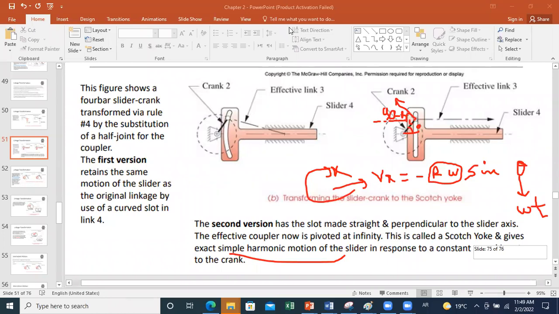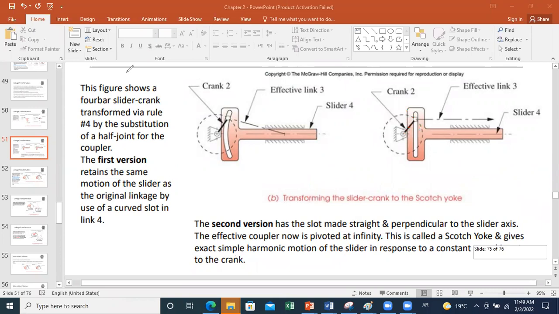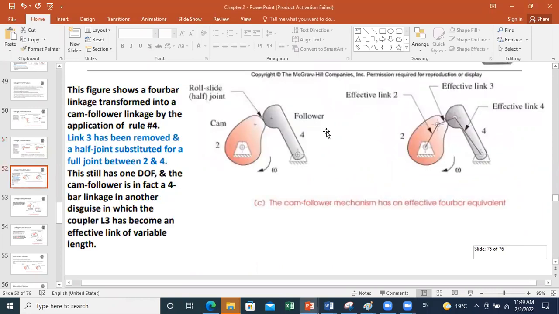So now, another possibility of transformation is the transformation shown here, by using a cam follower system. If you look at the following example, what are the modifications done compared to the initial 4-bar linkage system?